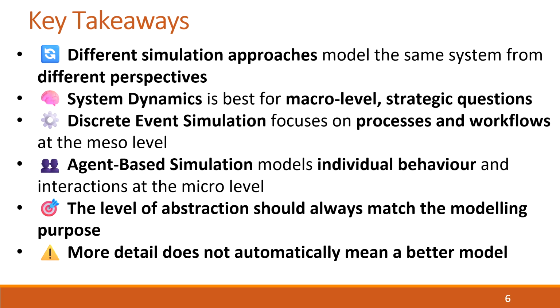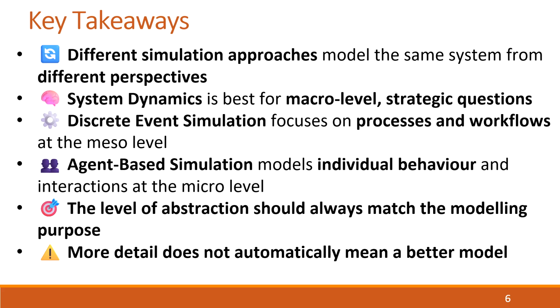So, to sum up the following section, we could make the following points. Different simulation approaches model the same system from different perspectives. System dynamics is best suited for the macroscopic level of decision making, strategic questions, huge investments, and so on. Discrete-event simulation focuses on processes and workflows, typically at the mesoscopic level of decision making.